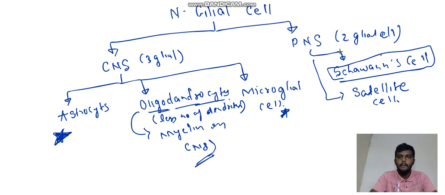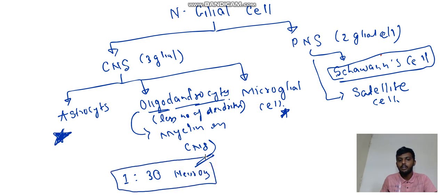One more thing to remember: for the formation of myelinated nerve fibers, one oligodendrocyte cell is going to myelinate 30 neurons. This is huge in number.